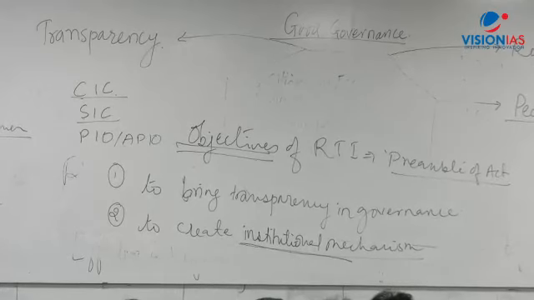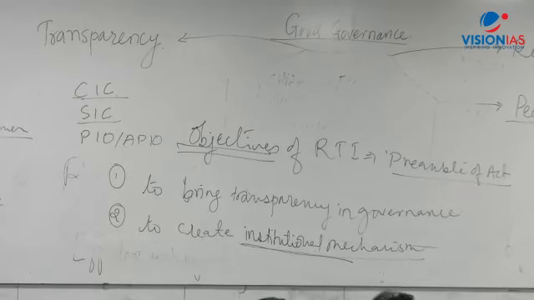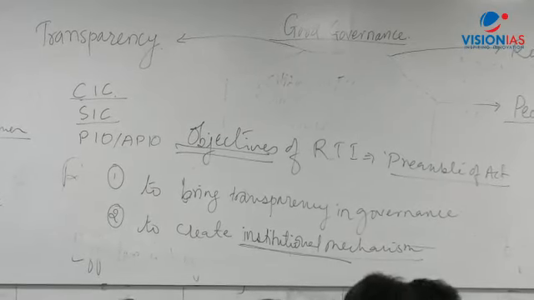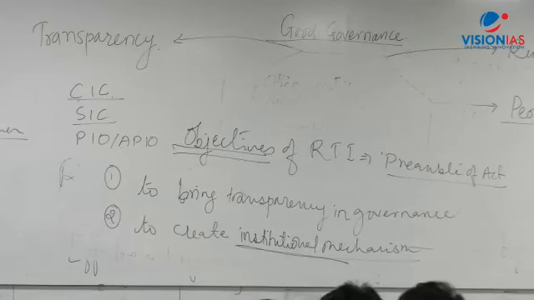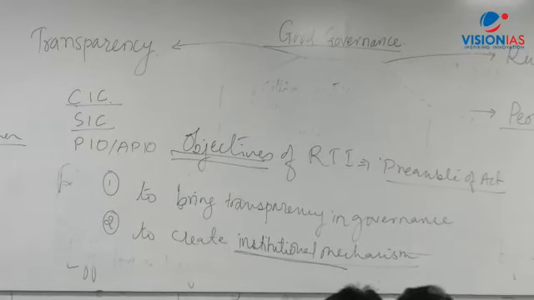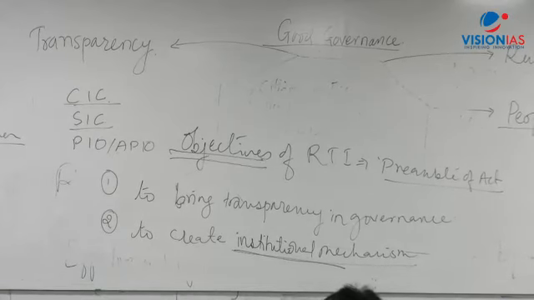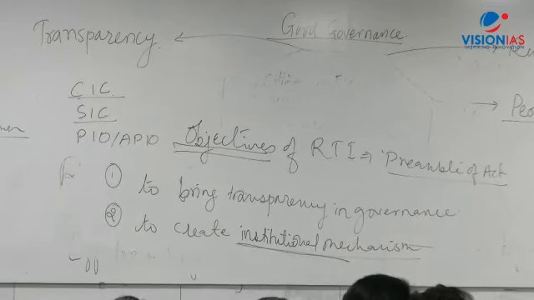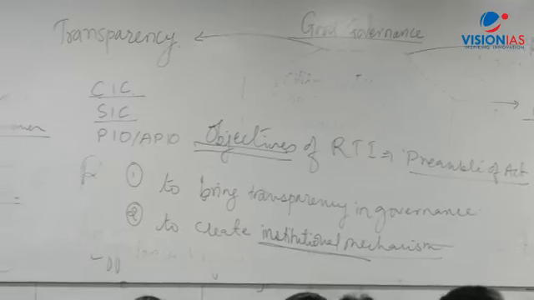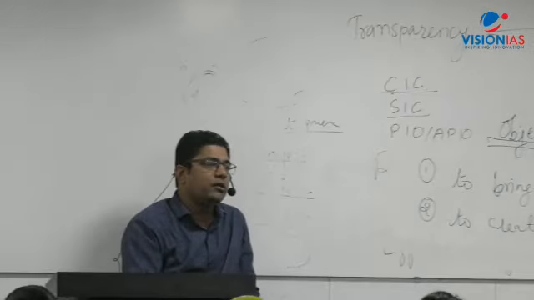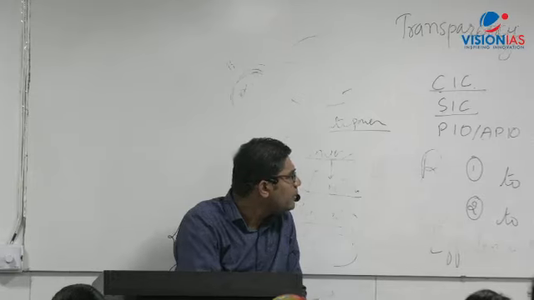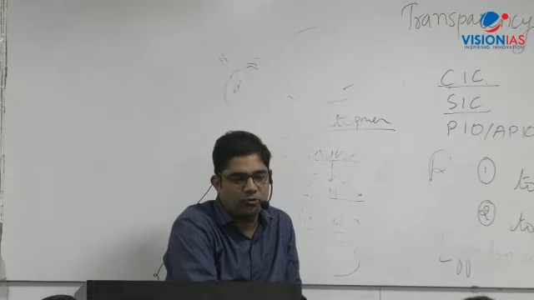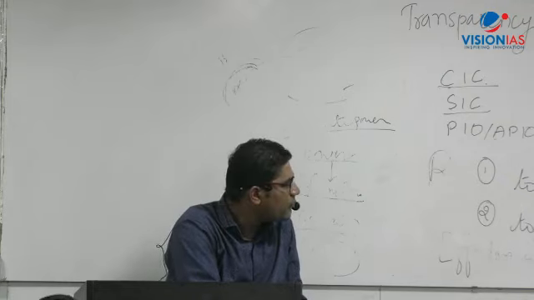Commission ही लिख दो, commission का commissioner. CIC, SIC, सेंट्रल इंफॉर्मेशन कमीशन और कमिश्नर भी, कमीशन का हेड कमिश्नर, ठीक है, स्टेट इंफॉर्मेशन कमिश्नर, and obviously the last man in the row is a PIO, that is a public information officer or assistant PIO.